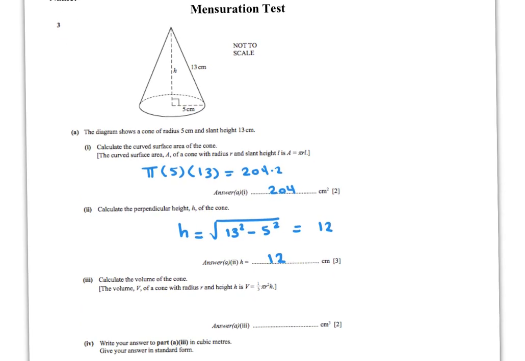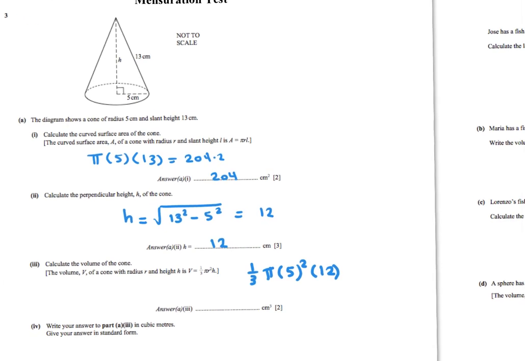Next, calculate the volume of the cone, and the rule is given to you: 1 over 3 π r squared times height. 1 over 3 π r squared, so 5 squared, times the perpendicular height, which is 12. Now you can find the answer.